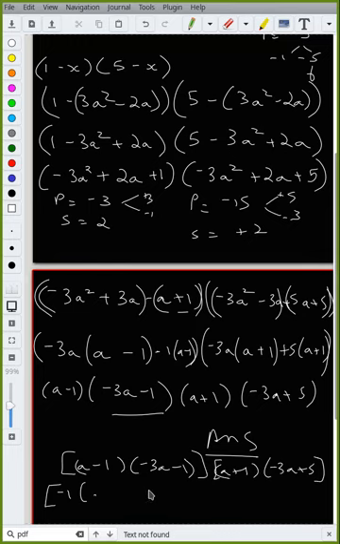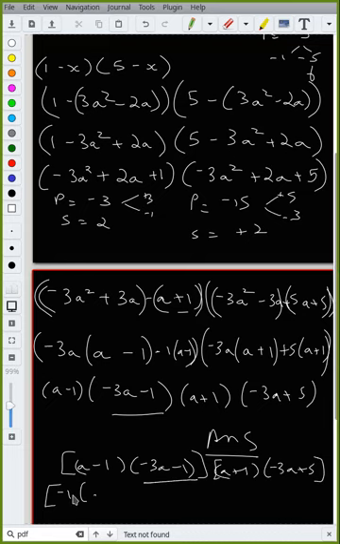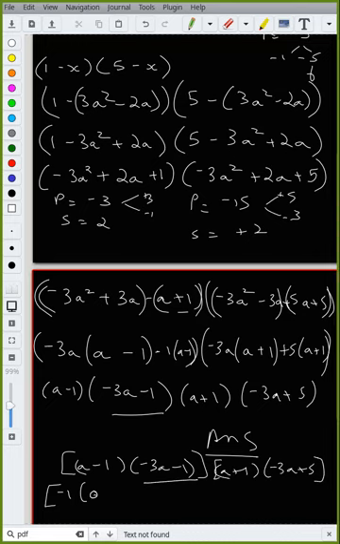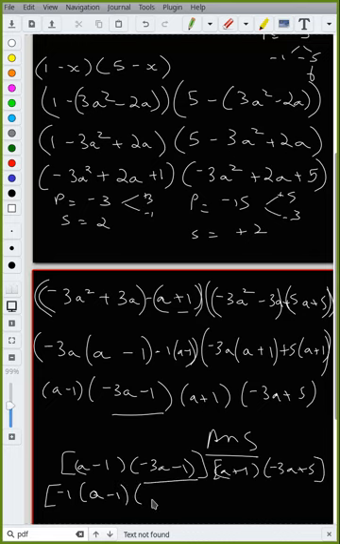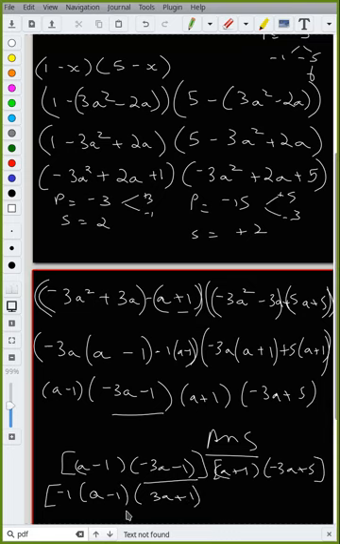But if you take out minus from here, it will come outside, isn't it? Yes, sir. Then it will become 1 minus a into 3a plus 1, and then square brackets closed.